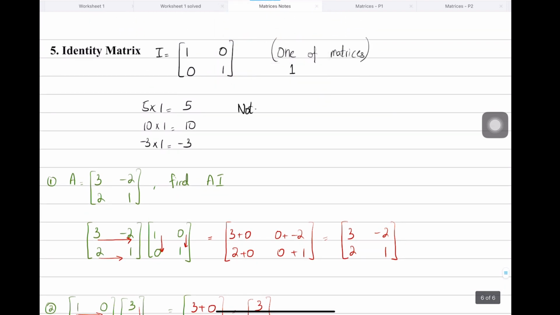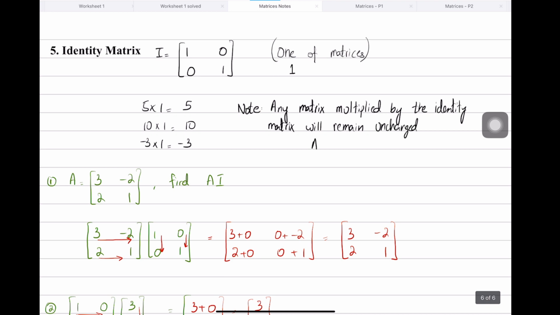Note: any matrix multiplied by the identity matrix will remain unchanged.